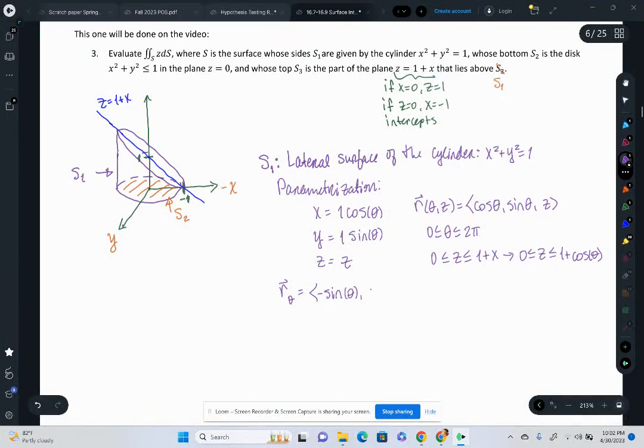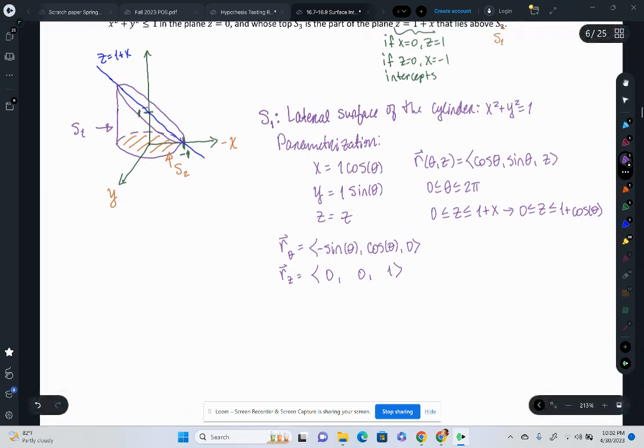The derivative of sine of theta is cosine of theta. And the derivative of Z with respect to theta is 0. R sub Z is very nice. It is 0, 0, 1, because Z only shows up in the third component. So then we can find R sub theta cross R sub Z, fairly straightforward.